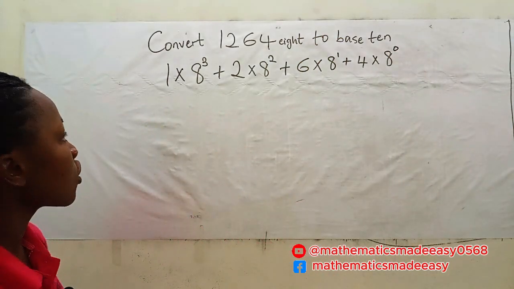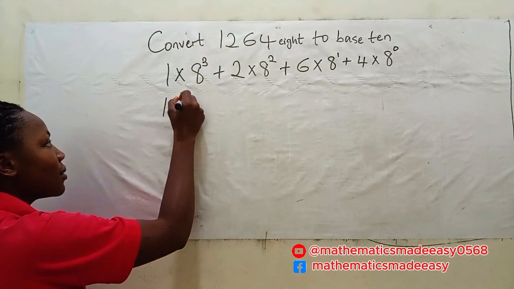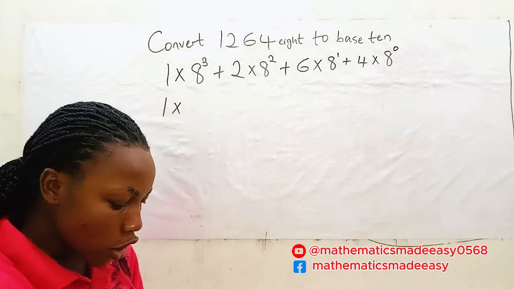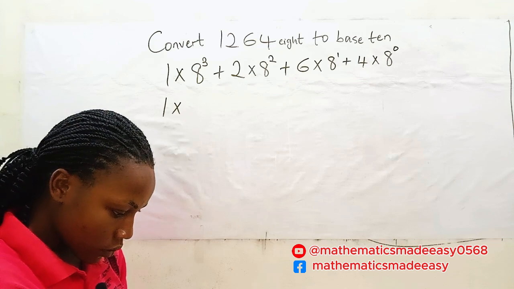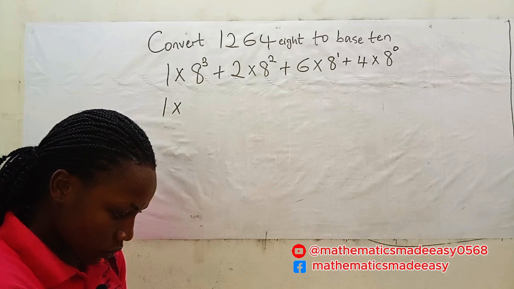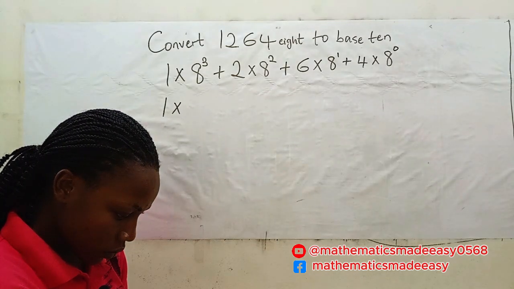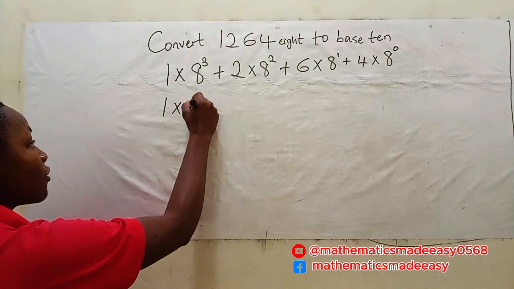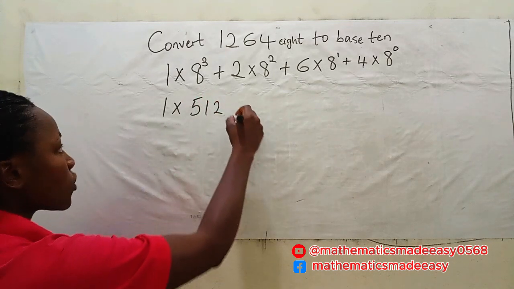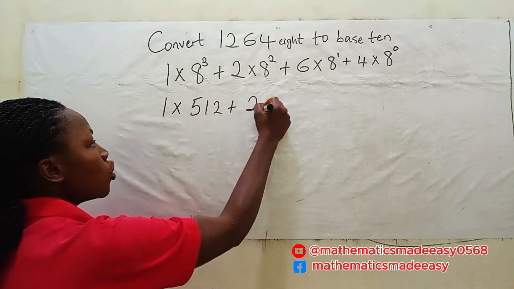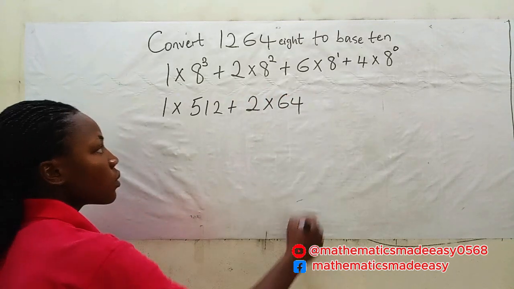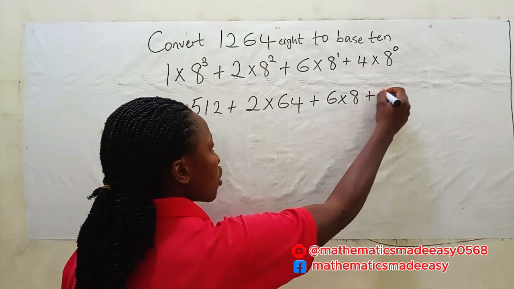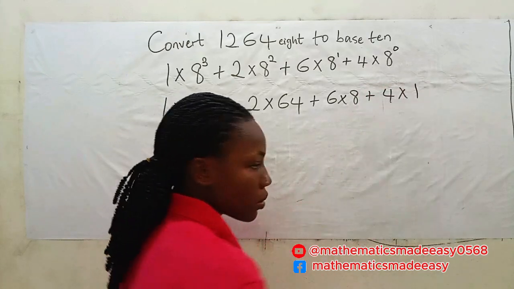Alright, now let's solve. Here is going to be 1 times 8 raised to 3. 8 cubed is going to give us 512, plus 2 times 64, plus 6 times 8, plus 4 times 1.